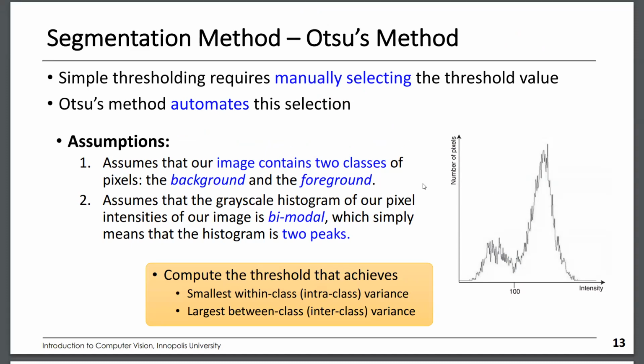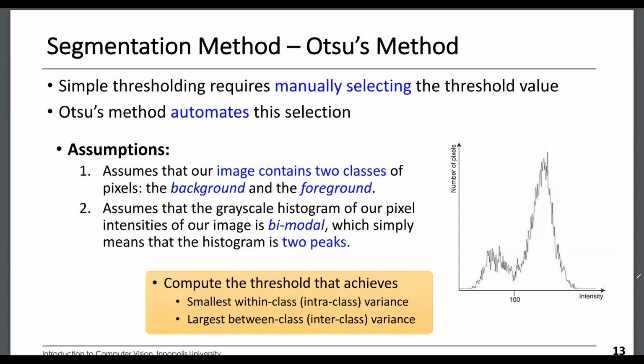Is it simple? Can somebody give me an iterative approach to do this? A very simple search algorithm. Exactly, we can go for, let's say, for threshold in range from 1 up to, let's say, 254.